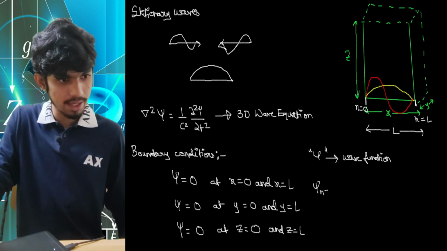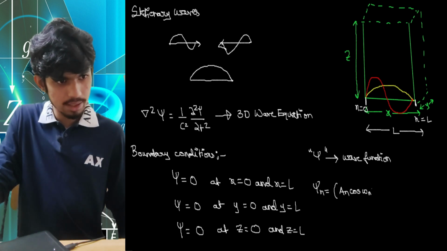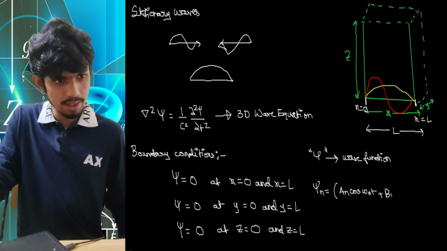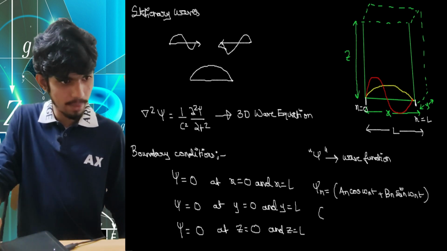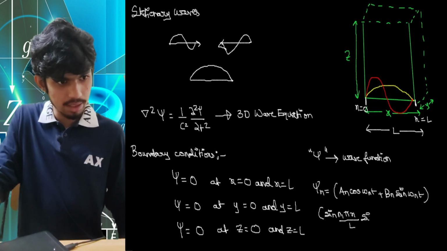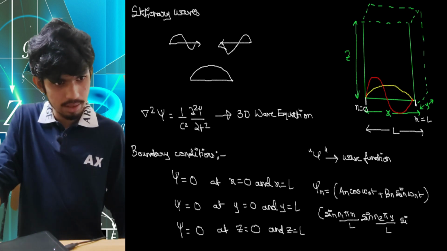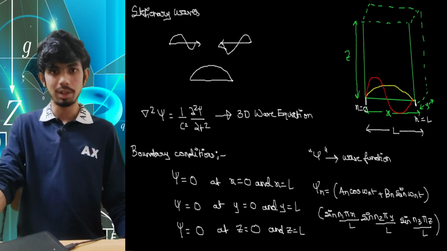essentially get is psi n is equal to an cos omega n t plus bn sin omega n t, multiplied by sin n1 pi x divided by L into sin n2 pi y divided by L into sin n3 pi z divided by L. So this is what you will get.